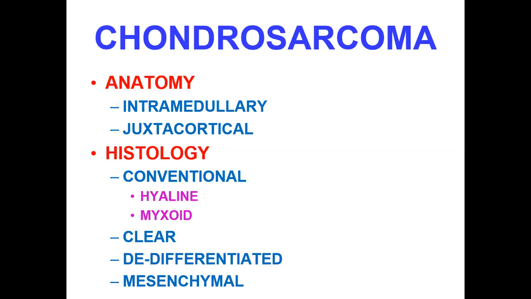These are the variants of chondrosarcoma depending on the microscopic appearances. Most common is conventional. It is composed of hyaline and mixed cartilage. Then other varieties are clear cell chondrosarcoma, dedifferentiated, and mesenchymal.